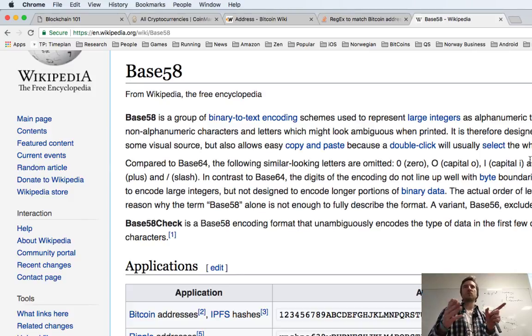So if you were to visually see a difference between two keywords, or if it's a password or something, then usually you don't know whether it is I or L. So this encoding gets rid of all the confusing characters, and it's restricted to a subset, which makes it visually unique, right? You have no confusing characters.